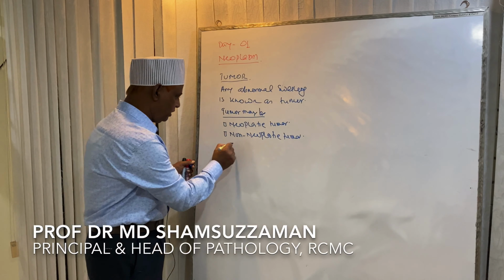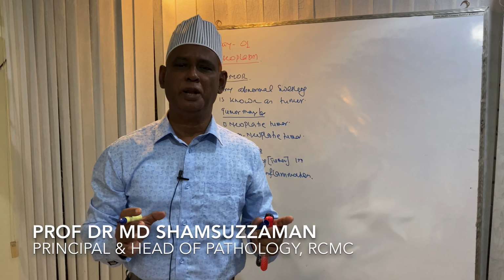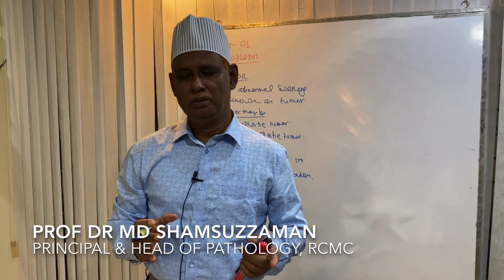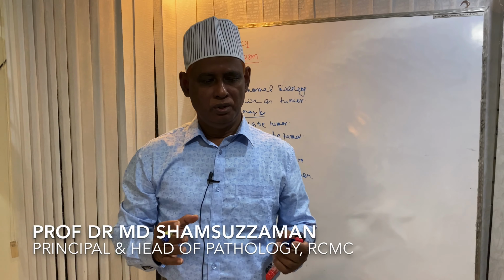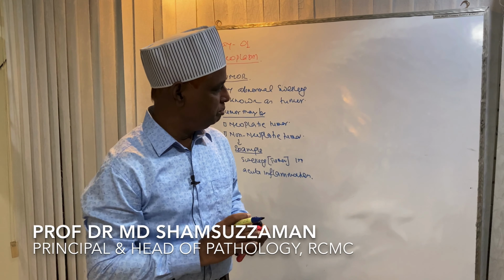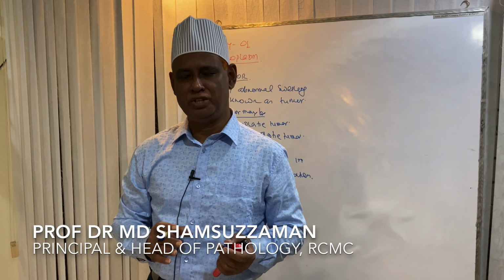Dear audience, you know inflammation is the reaction of vascularized living tissue to a local injurious agent, provided the injurious agent does not destroy the tissue. In acute inflammation, there are cardinal signs: rubor means redness, calor means heat, dolor means pain, tumor means swelling, and functio laesa.